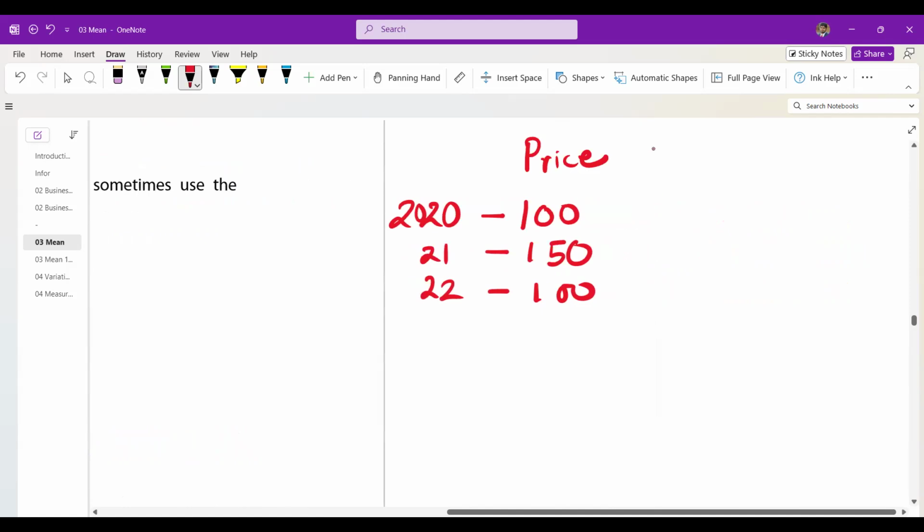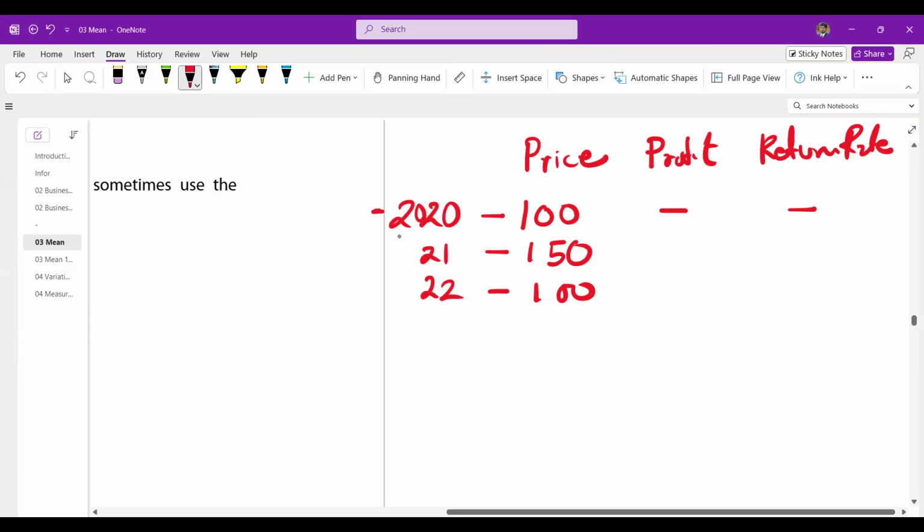Now let us find the profit and the rate of return, or return rate. In 2020, we purchased the stock, so no profit, no loss in this period.